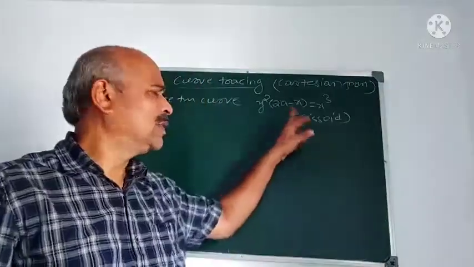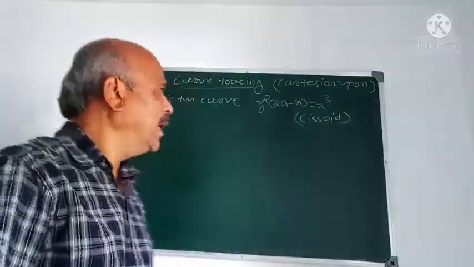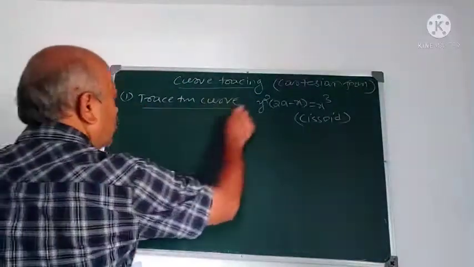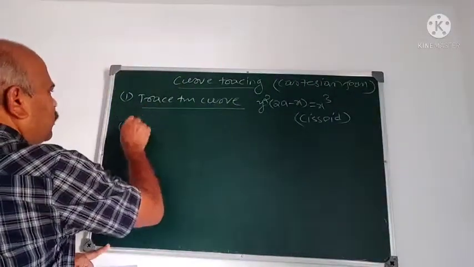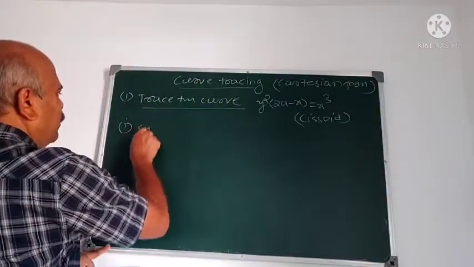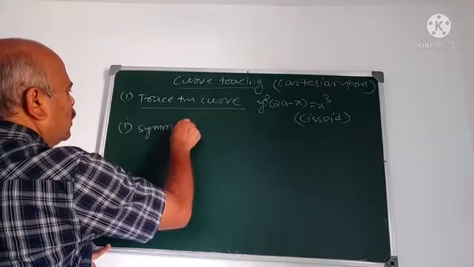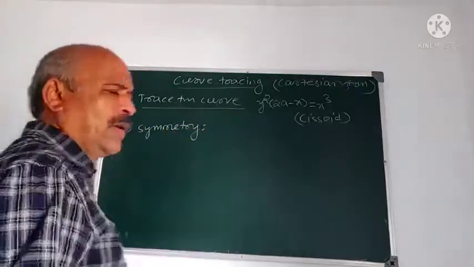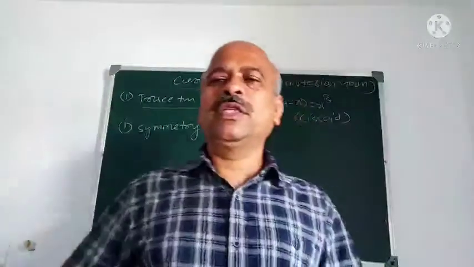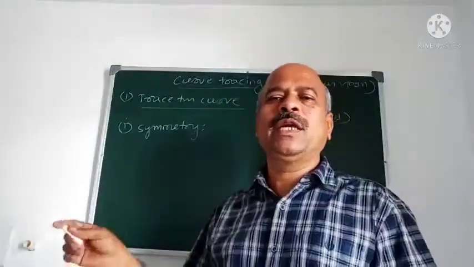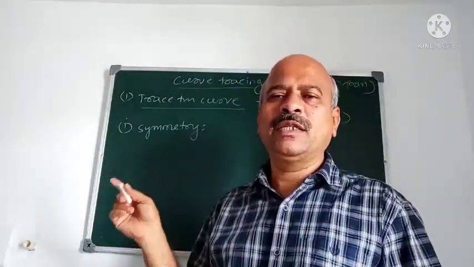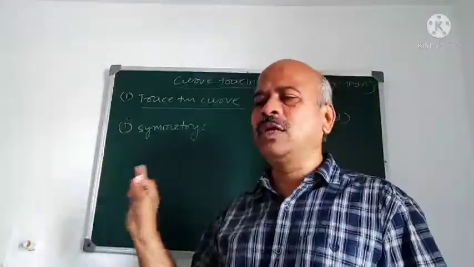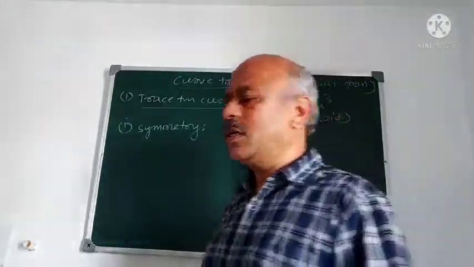I follow the following procedure. First we find out the following 5 things: symmetry, origin, tangent, asymptote, and region. Then with the help of that we can easily draw the curve.